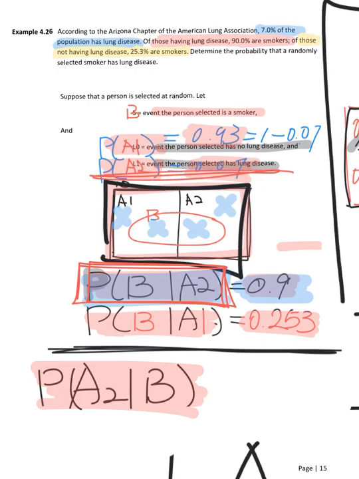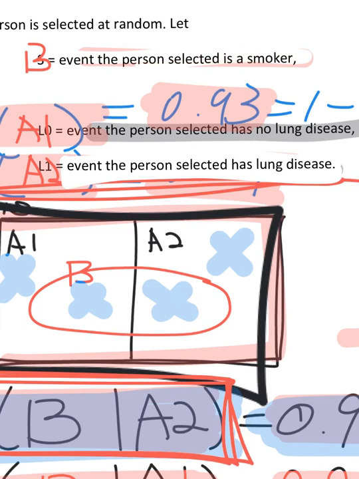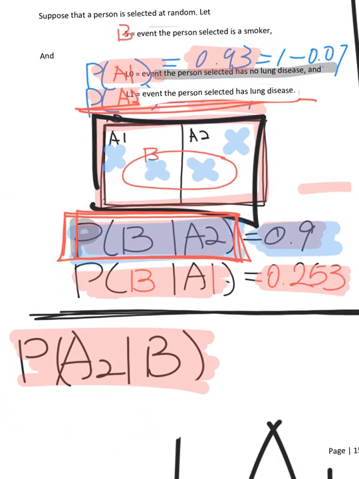It was the A2 who has the lung disease. What was the B? Who is smoking. Please remember, what is the B? What is the A2? Okay, let me go back to this one. B given A2.